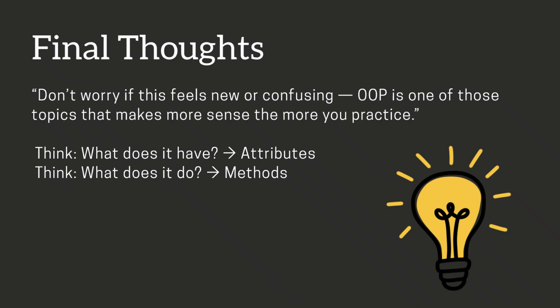If you run into trouble while working with your product class, ask yourself, what does the product have? That's your attributes. How can I describe the product? What does this product do or what can be done to it? Those are your methods. Once you answer those two questions, you're most of the way there.